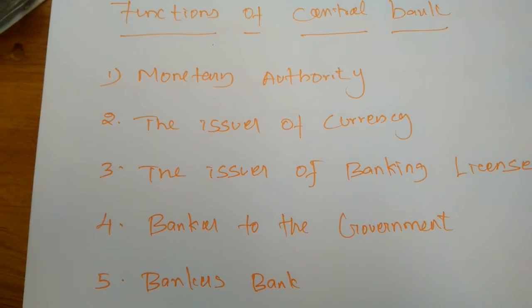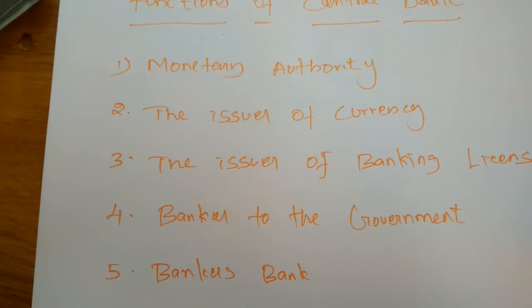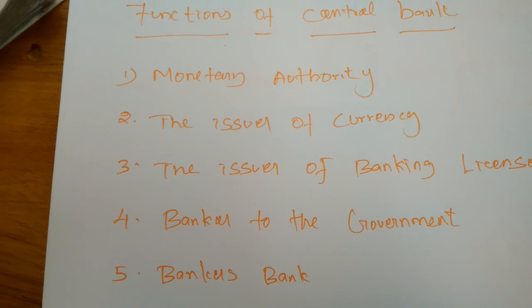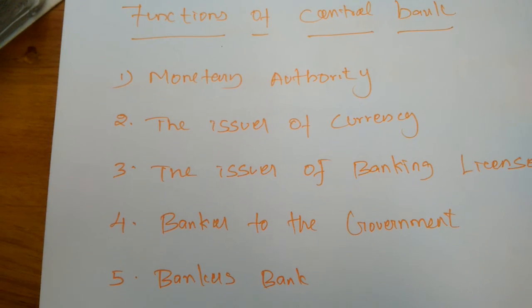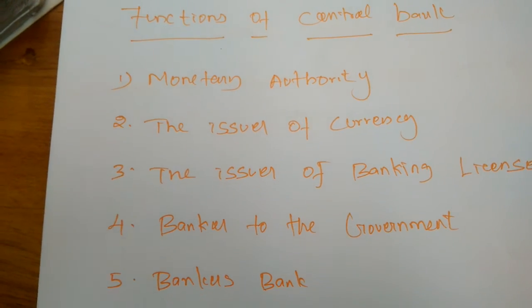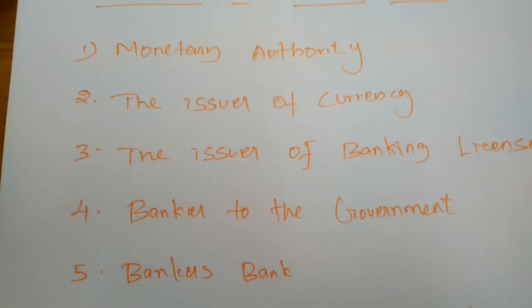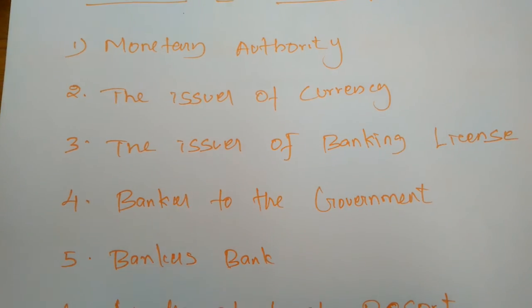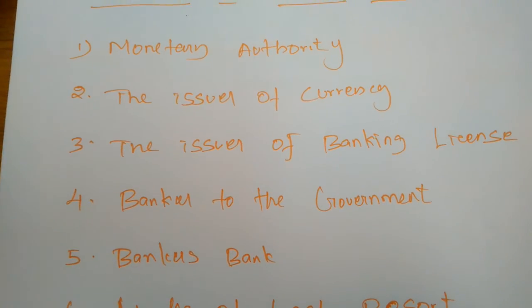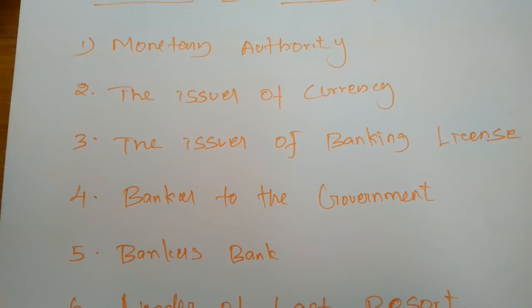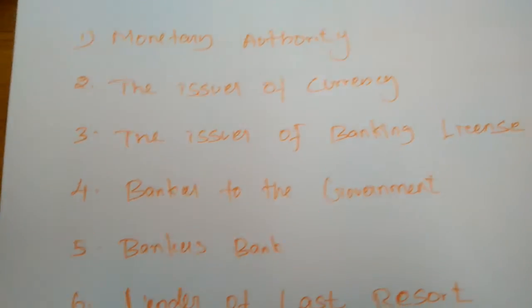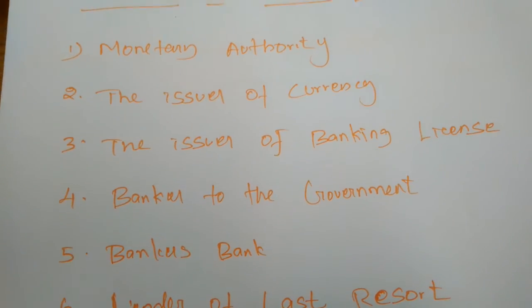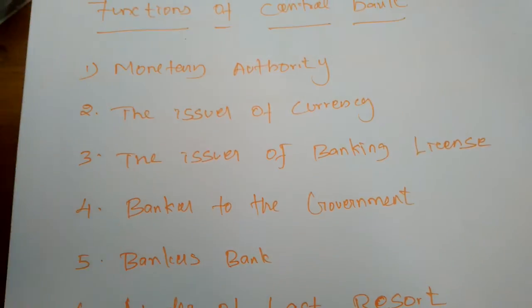To stabilize the exchange rate, maintain a healthy balance of payment, attain financial stability, control inflation, and strengthen the banking system. So if you want to control inflation, maintain the balance of payment, stabilize the exchange rate, and create a strengthened banking system, the Reserve Bank of India must control the money supply.